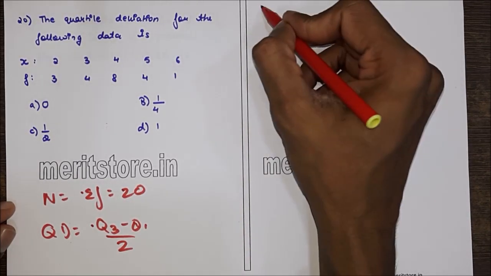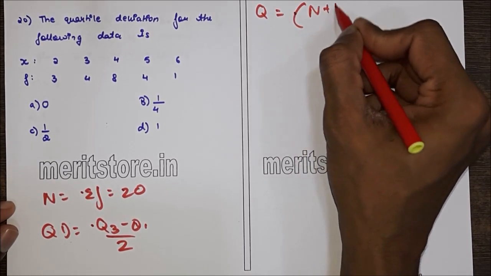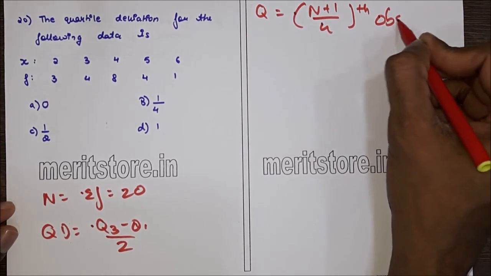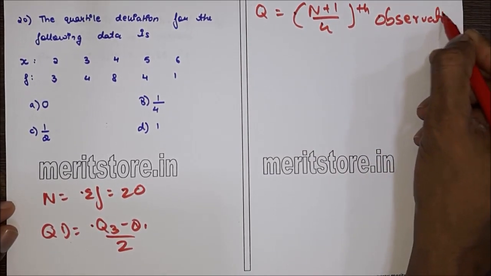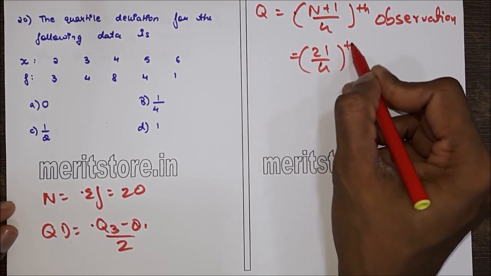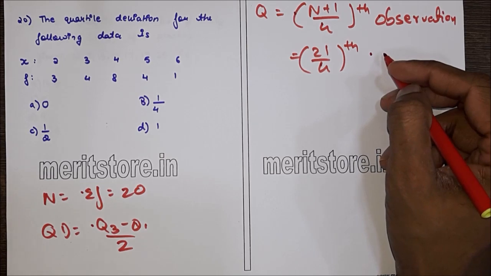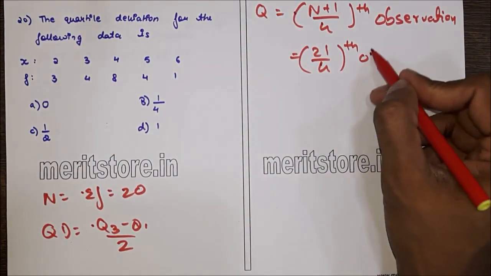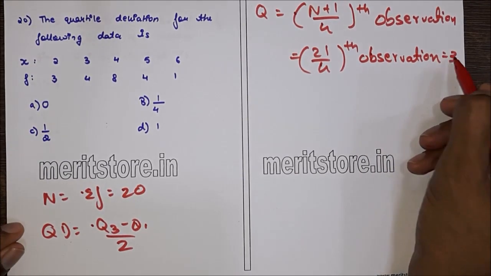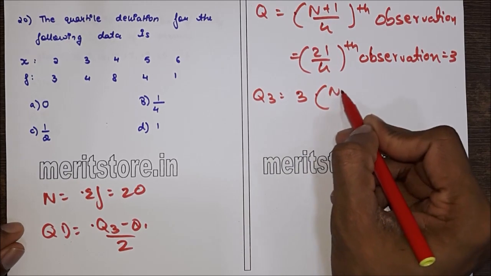So we find Q1, which is equal to the (n plus 1) upon 4th observation, which is equal to 21 upon 4, which is the observation of 3.